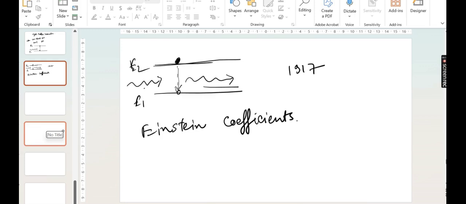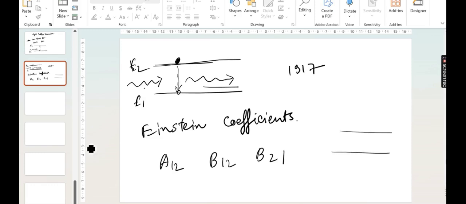So we know there are three Einstein coefficients, A21, B12, B21. So B12 is basically when the atom goes from 1 to 2. This transition is given by B12.